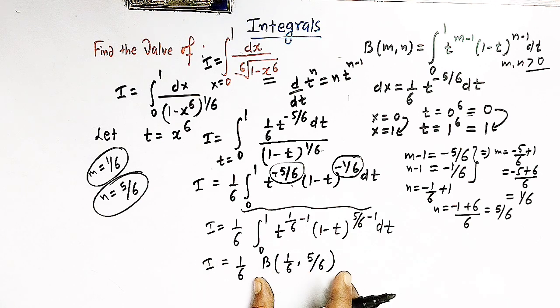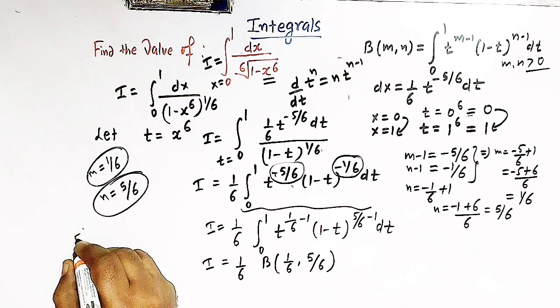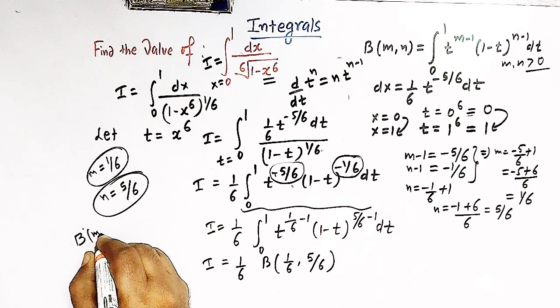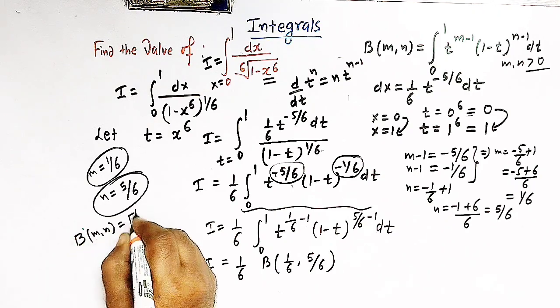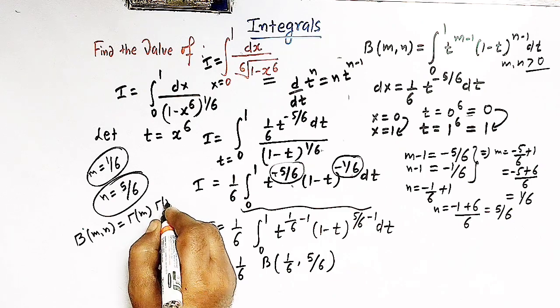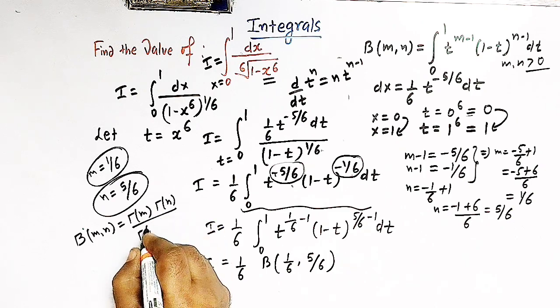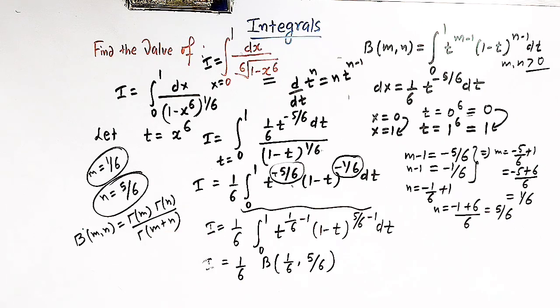So now we have to find out the value of this expression. So to get the value of this expression, we'll make use of an important relation between beta and gamma functions. So beta m comma n is given by gamma m times gamma n divided by gamma m plus n.